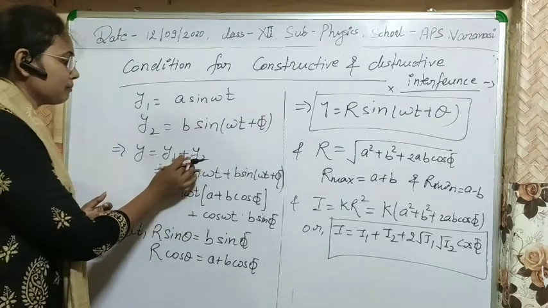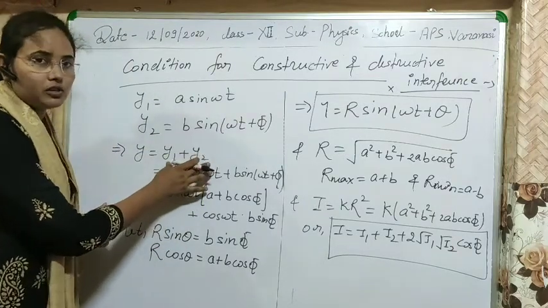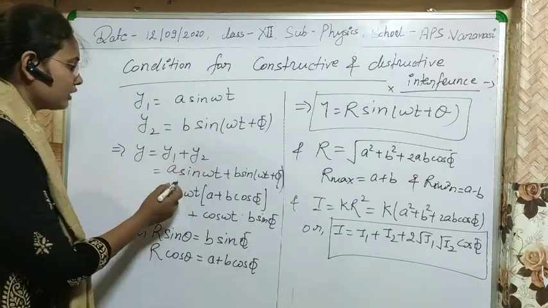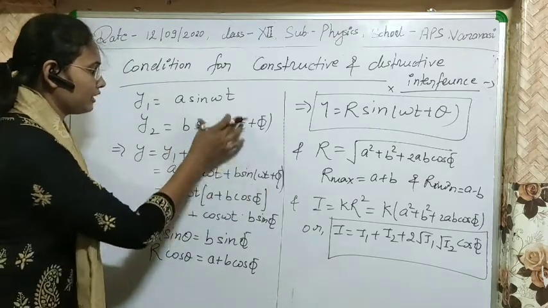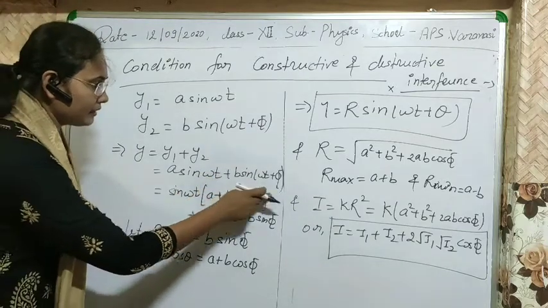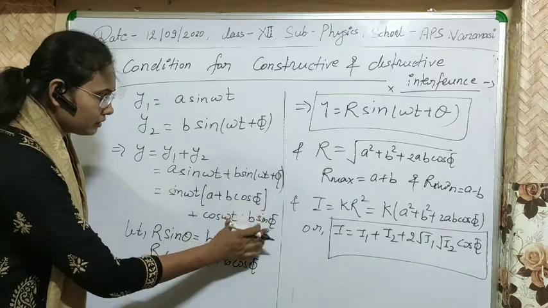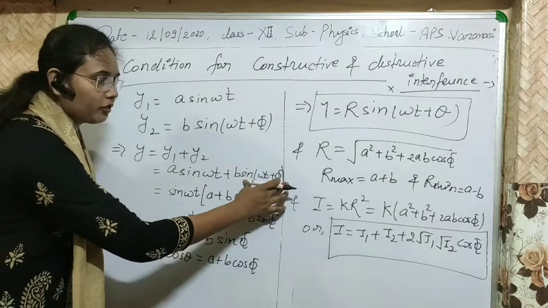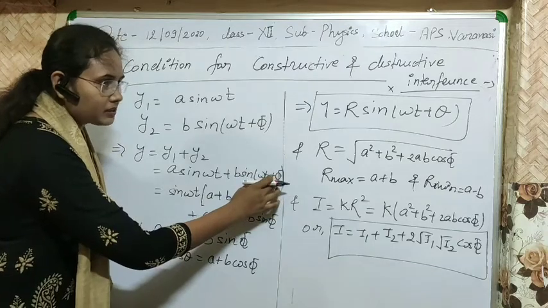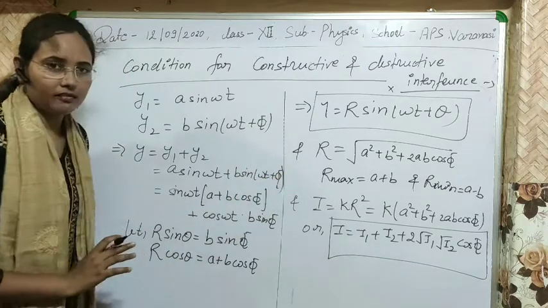That's why it will simply be the sum of the displacements of the individual light waves. So y1 plus y2: put down the values and solve using the sin(A+B) form. You will get sin omega t cos phi plus cos omega t sin phi.